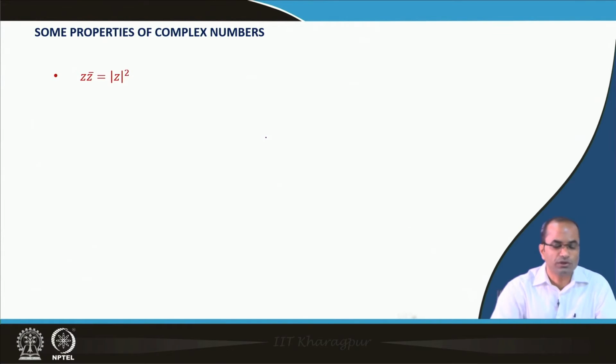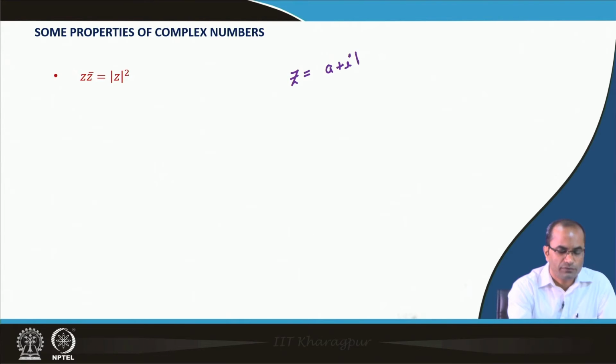Again, this is to recall, because many of these properties were already discussed when we began to learn complex numbers. Here we have a very nice, important property: z times its conjugate z bar is equal to the absolute value of z squared. This can be easily seen if we take z equal to a plus ib, for instance.